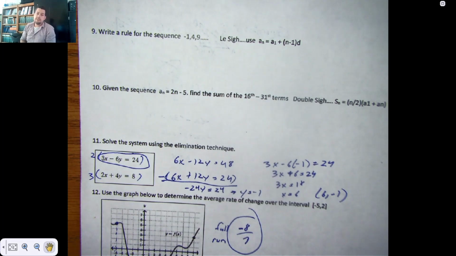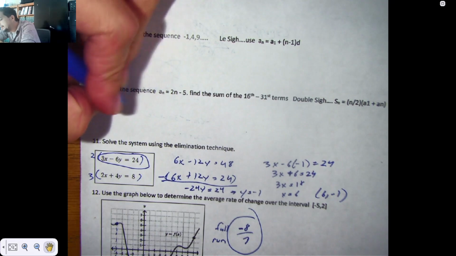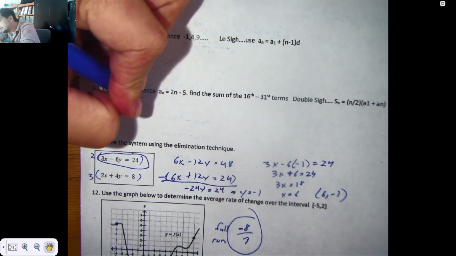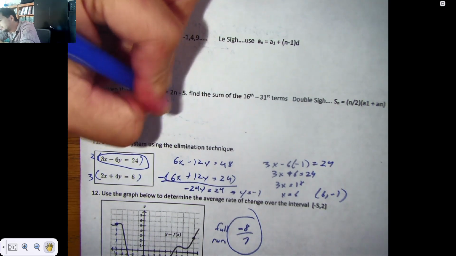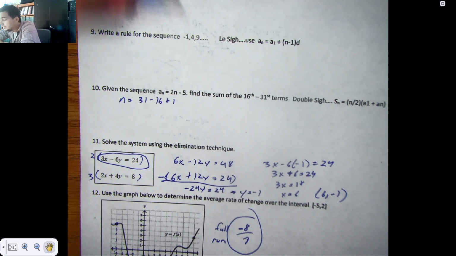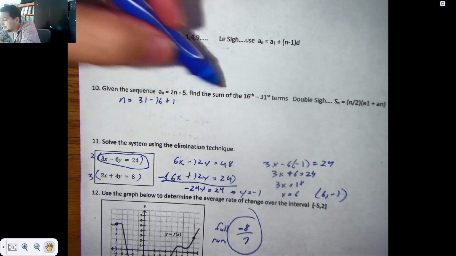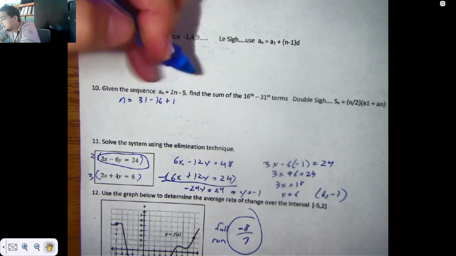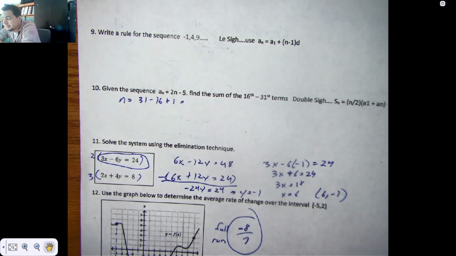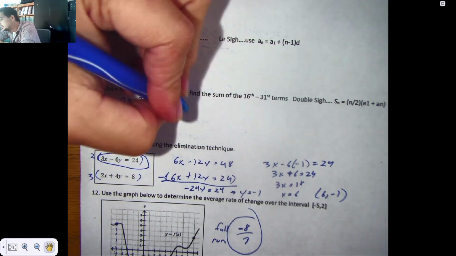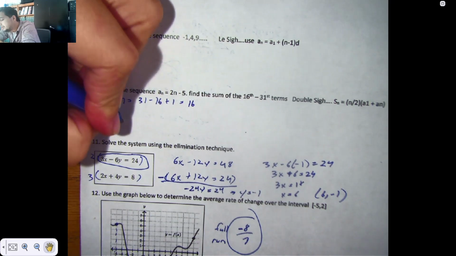Number 10, given the sequence a sub n is 2n minus 5, find the sum of the 16th through the 31st terms. You ain't got enough fingers to count this out. I guess if you use your toes, you can. But n is 31 minus 16, add 1 back. That comes from here. Top position, take away low position, add 1 back. So anyways, that gives you, I think, 16. We're going to find the sum of 16 things.